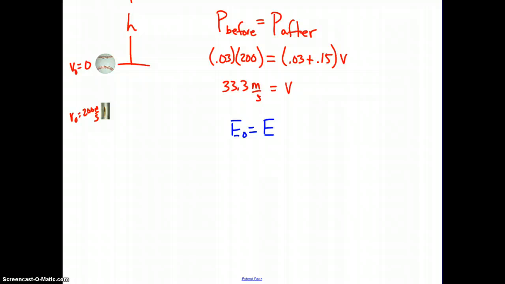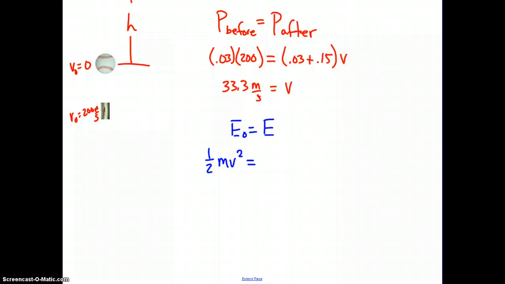And when we mean the initial state, we mean at the moment the bullet and baseball are combined together, and that would be kinetic. So the bullet-baseball combo has kinetic energy, which transforms into gravitational potential energy at the top.